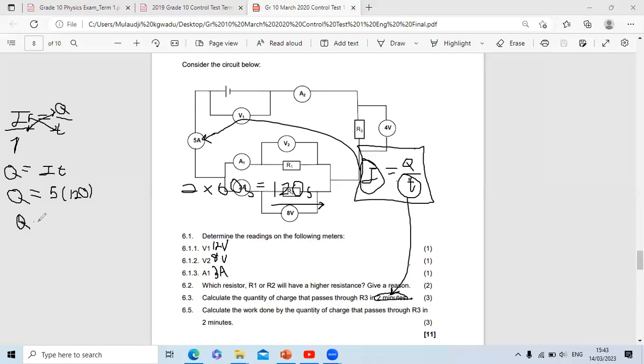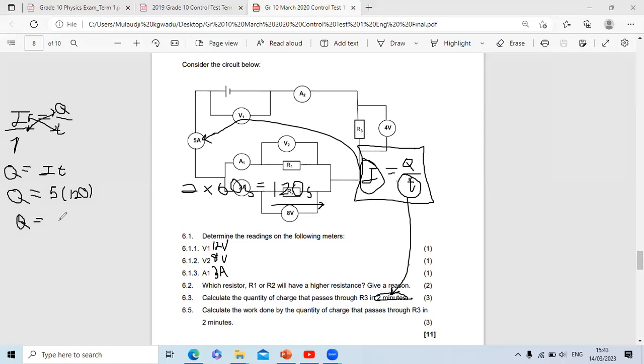And our charge is gonna be 5 multiplied by 120. I think that's 600. Let me check with my calculator. 5 times 120, 600.